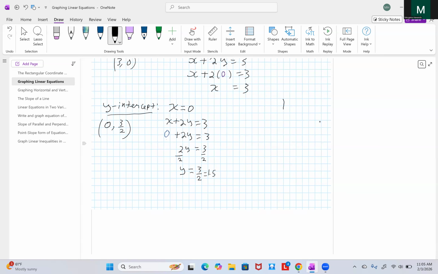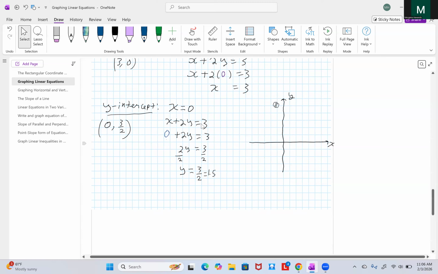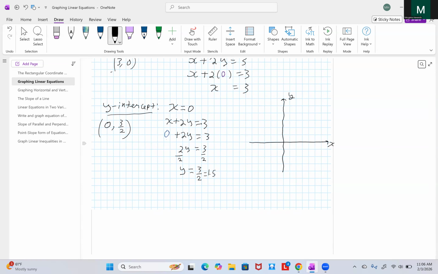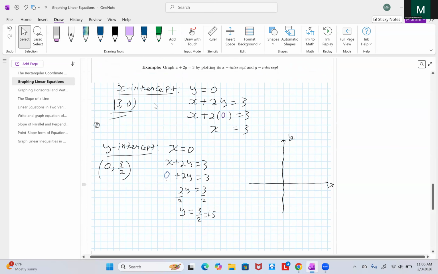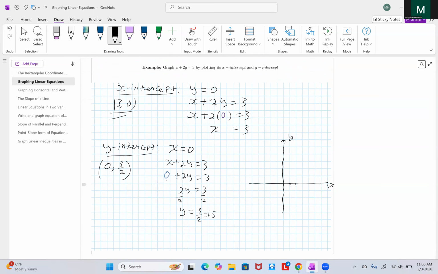So let's plot these points. This is x and this is y. The x-intercept is (3, 0). We said that here. So 1, 2, 3. This point is the x-intercept. The y-intercept is (0, 1.5), which is this point here.